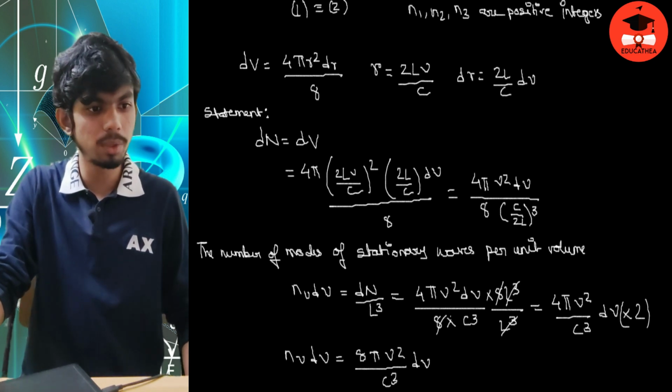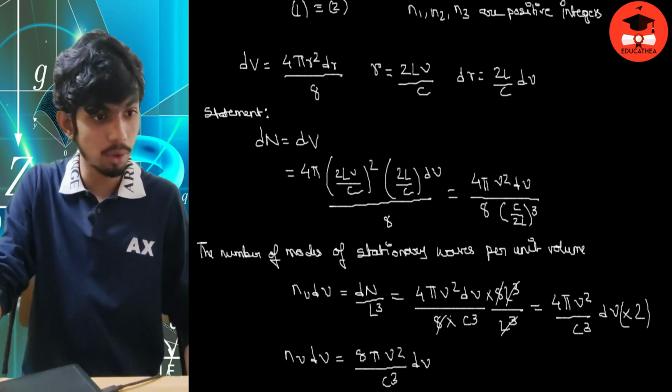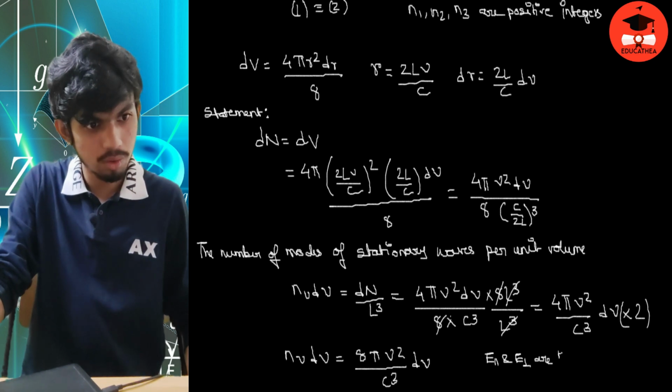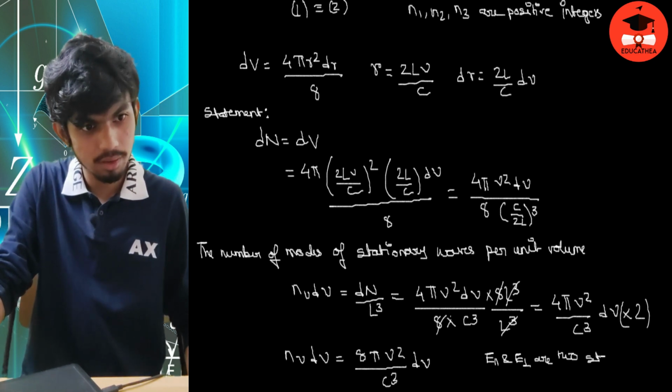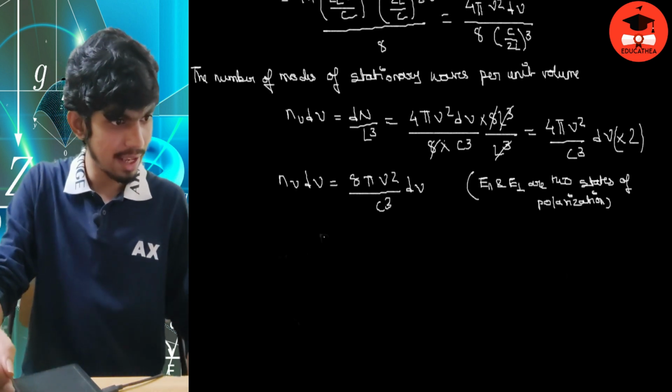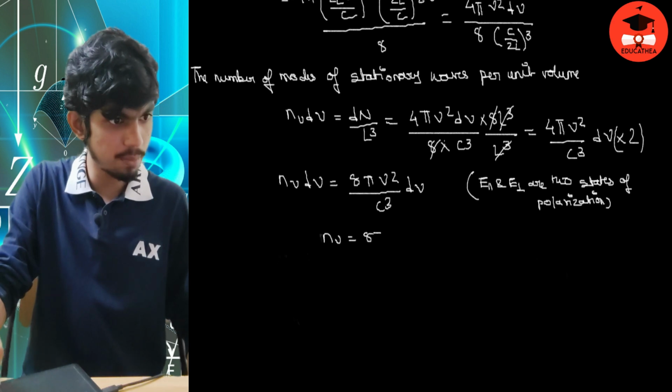I've multiplied by 2 because there are two states of polarization, E parallel and E perpendicular. So from this expression we can get n nu is equal to 8 pi nu square by c cube.